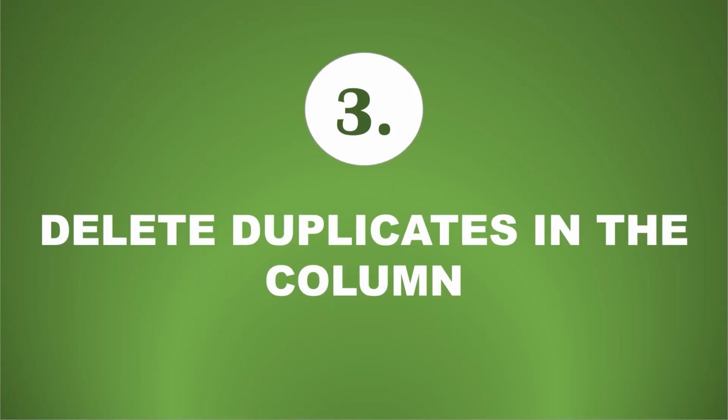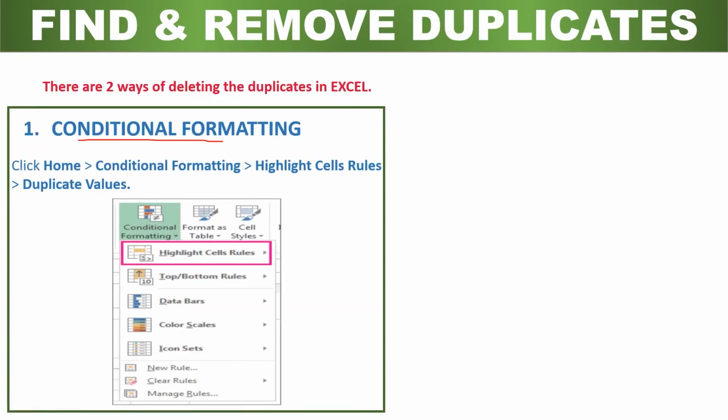Now, third very important question or concept that can be asked by the interviewer is how you can delete the duplicates in a column or a table. So there are multiple ways of deleting the duplicates. So that is what I will show you here. So find and remove the duplicates. So as I said, there are two ways of deleting, right? First is conditional formatting. As we have discussed previously, what is conditional formatting?